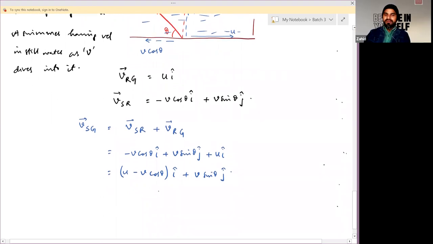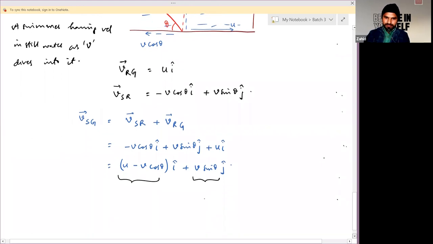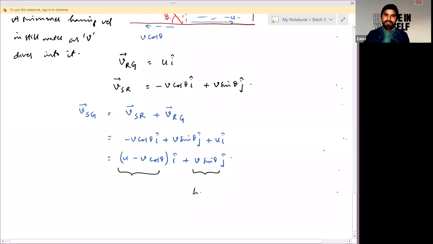So in this part, we have two velocities. One is along x and the other is along y. This y component will be responsible for crossing of river. So it will define the time to cross the river. So t equals distance by speed. Distance is w.